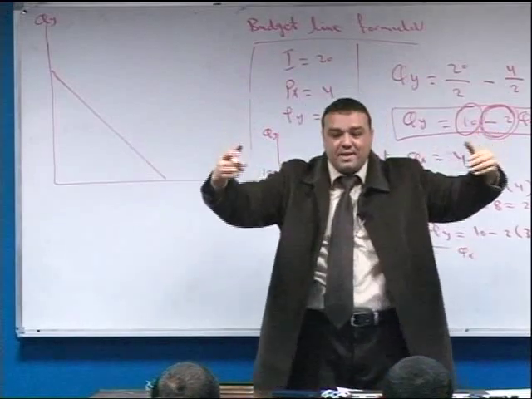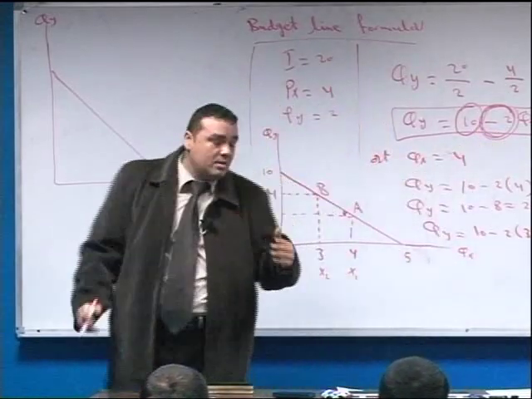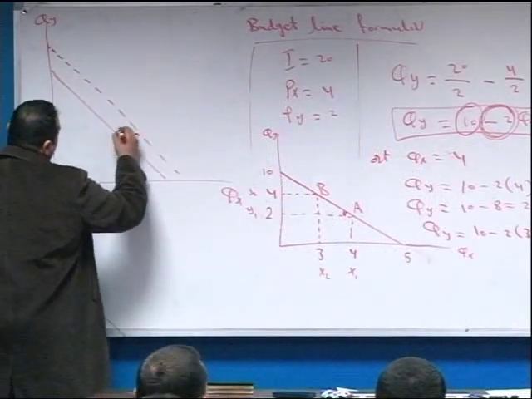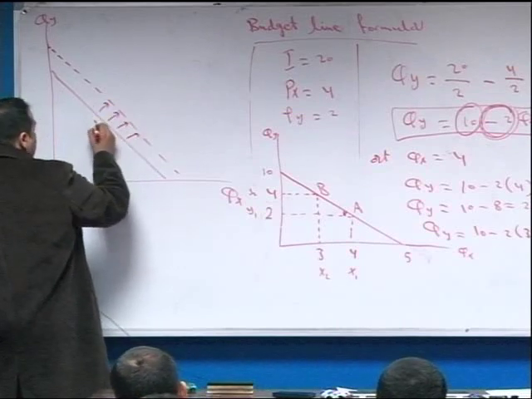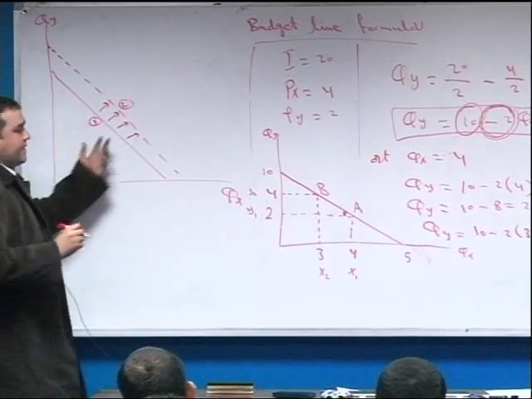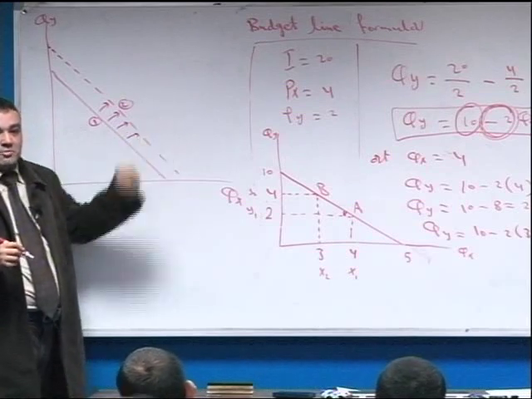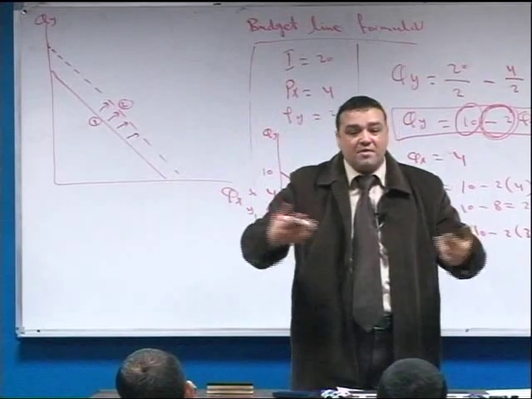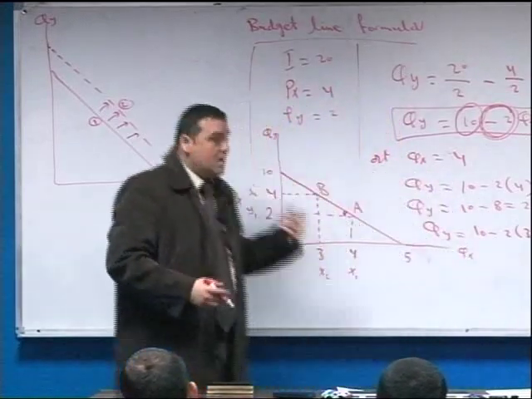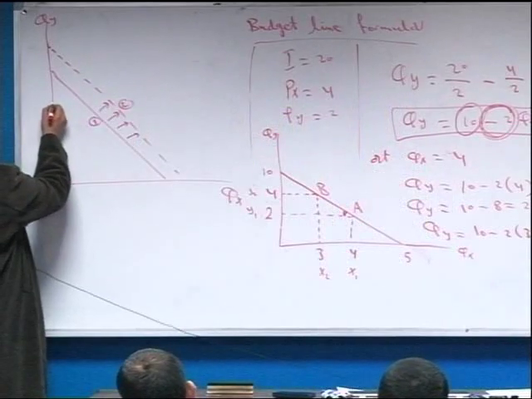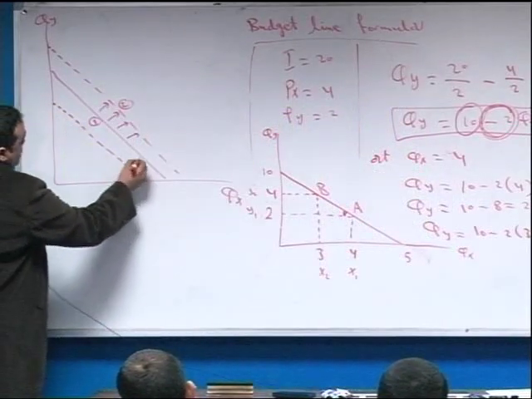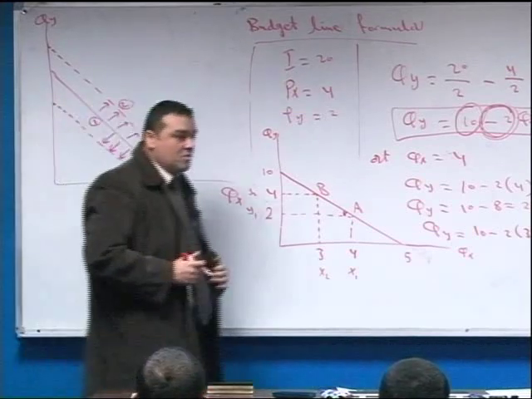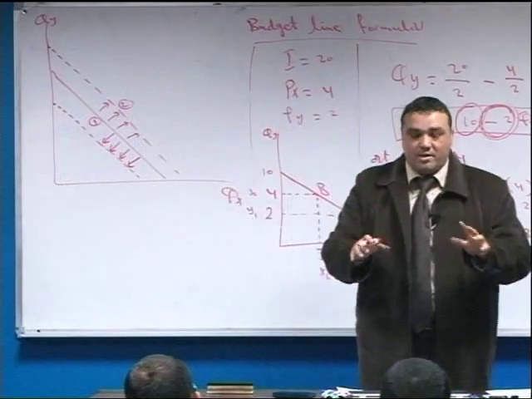A rightward shifting of the budget line. So this is the new budget line. As a result of the increase in the consumer income, his ability to purchase different goods and services would increase. A reduction in the consumer income leads to a leftward shifting of the budget line. This means his ability to buy goods and services would decline. Okay.